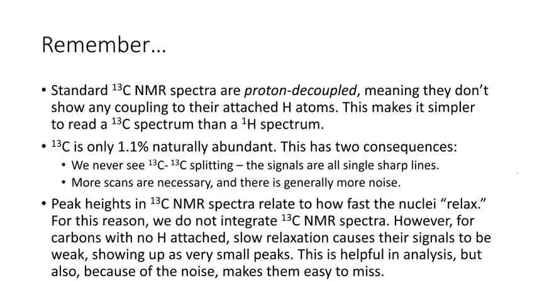Peak heights in C13 NMR spectra relate to how fast the nuclei relax. Now, I don't know how much that's discussed in your book, maybe not at all, but that is the reason why we see peaks of different heights in the C13 spectra. It's not because there's more carbon of one than the other. It's because it takes several seconds for the compound to get back to its equilibrium state, and we're continually pumping the system with RF energy in each pulse.